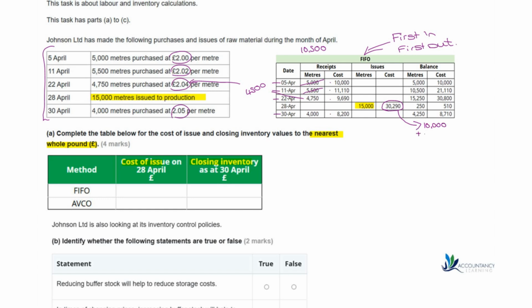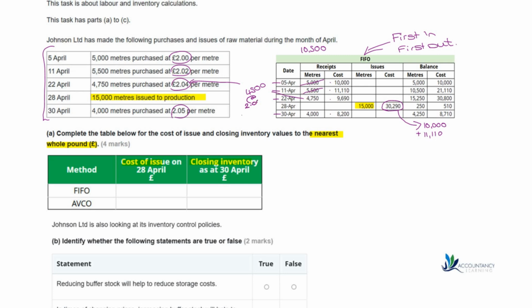We're going to add on the cost of the 11th of April, and then we're going to work out what the 4,500 at £2.04 per metre is.